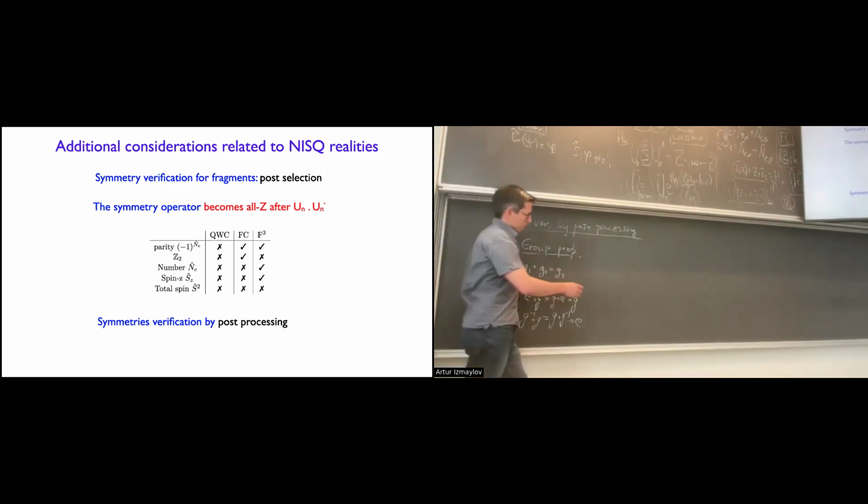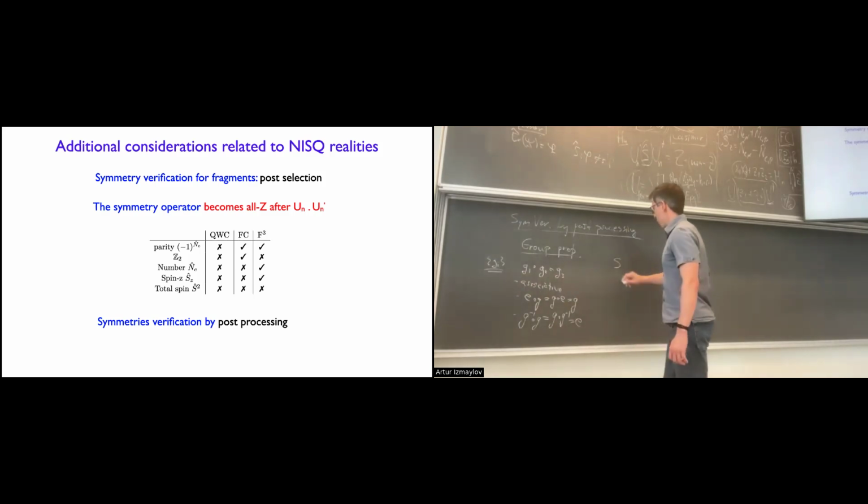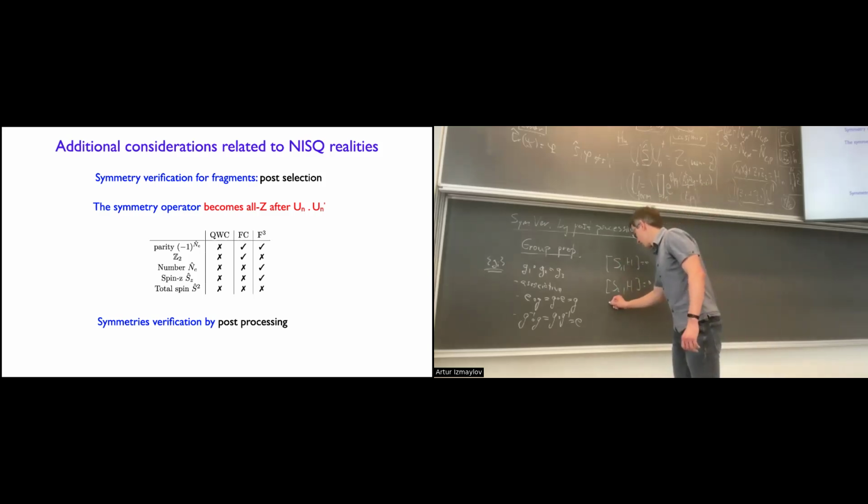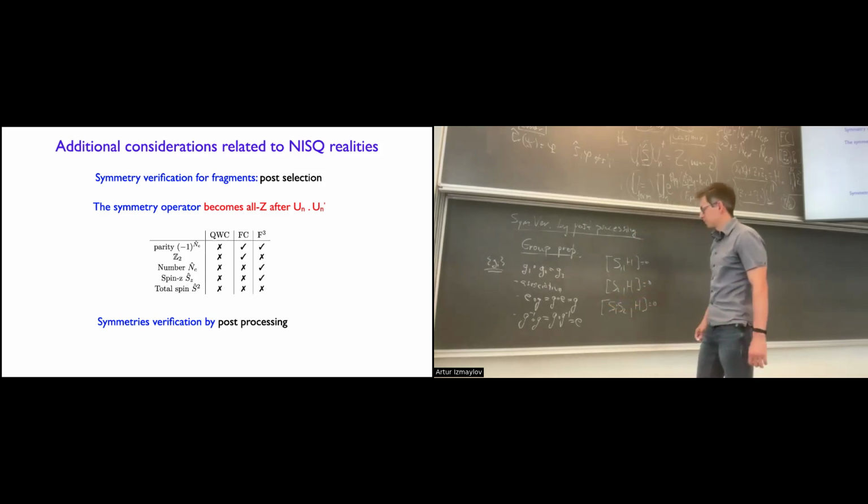And so if you have some operator S1 that commutes with the Hamiltonian, and another operator S2 that commutes with the Hamiltonian, they may not commute with each other, but the product S1 S2 clearly will commute with the Hamiltonian as well.